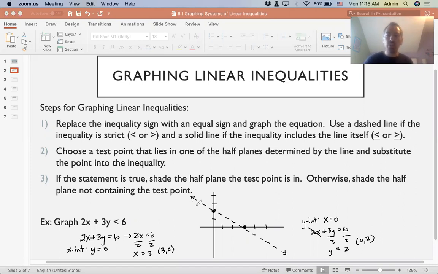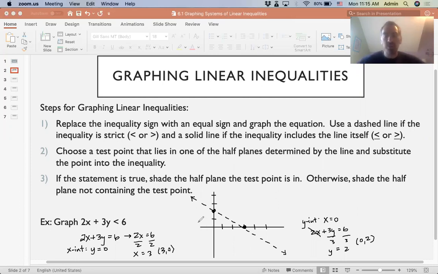All right, so which half plane? This line is dividing the region into two different parts, right? So are the solutions included above the line or below the line? This is where the test point comes in. So we can choose any point.